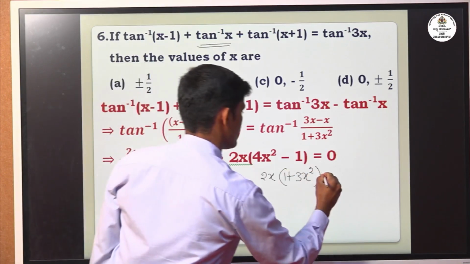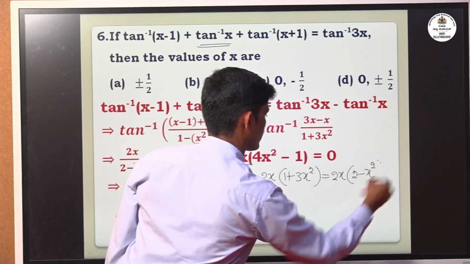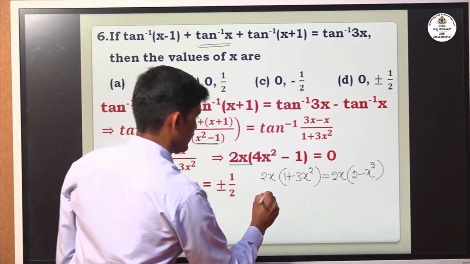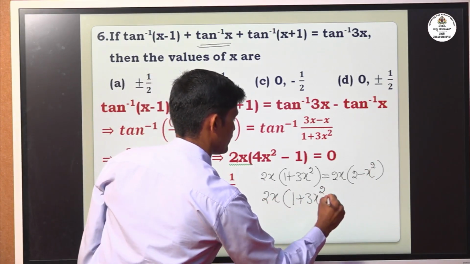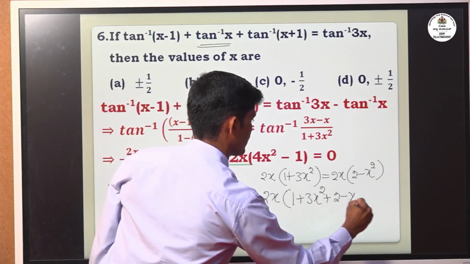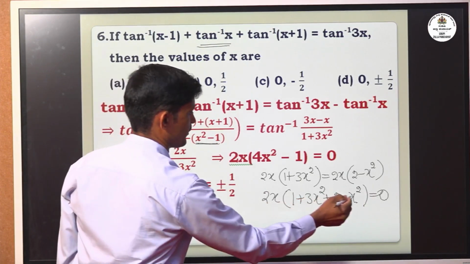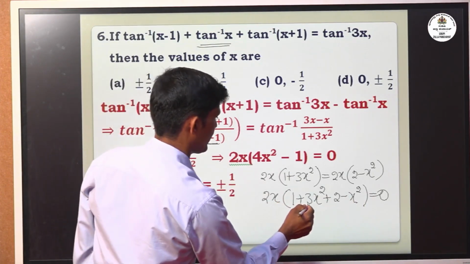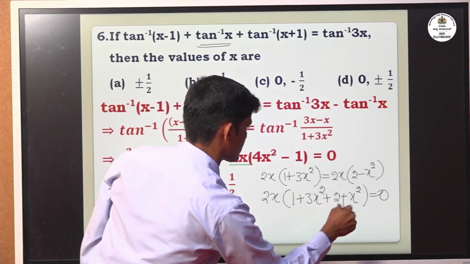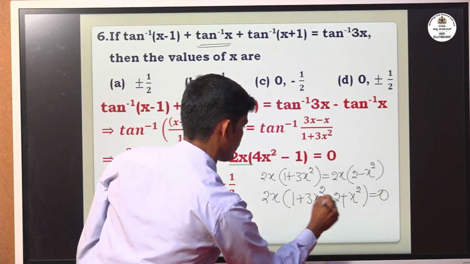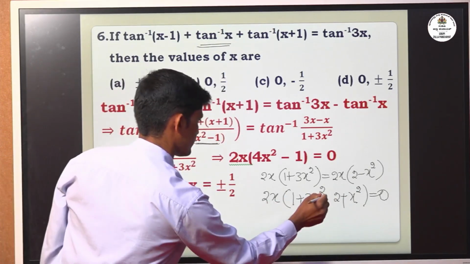is equal to 2x into (2 minus x square). By taking 2x common we get (1 plus 3x square) minus (2 minus x square) is equal to 0. That gives you 2x into 3x square, plus x square, since it is minus minus x square on the other side, and minus 2.